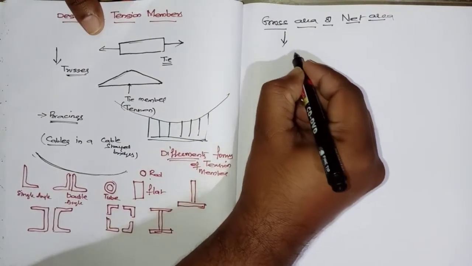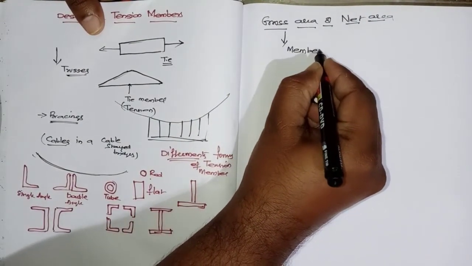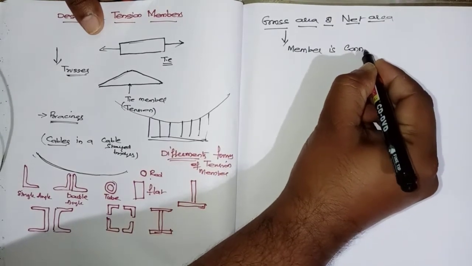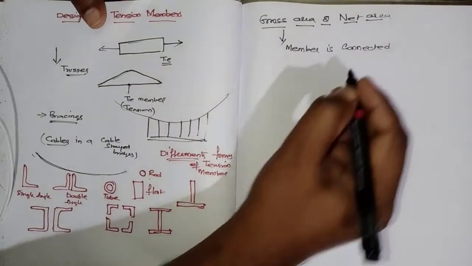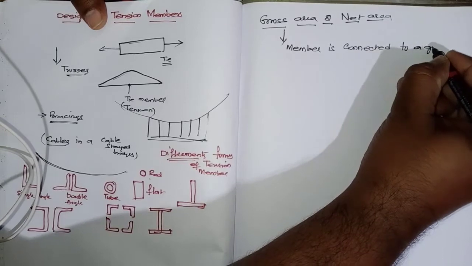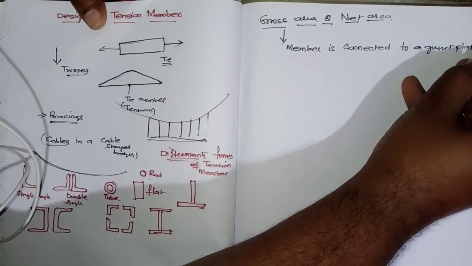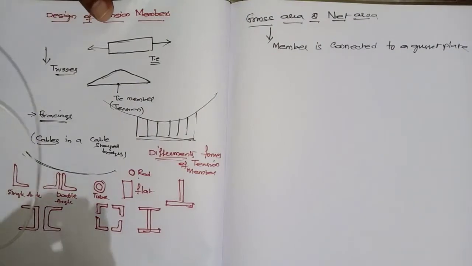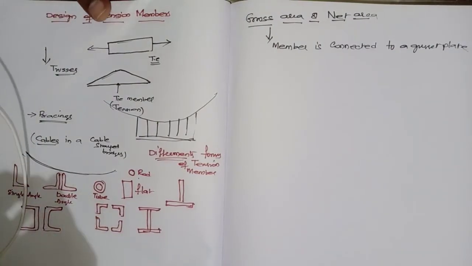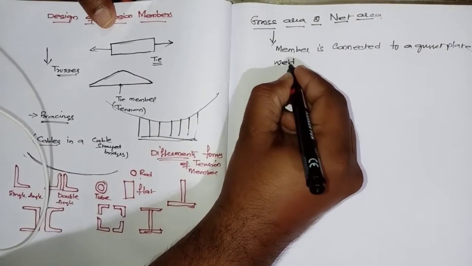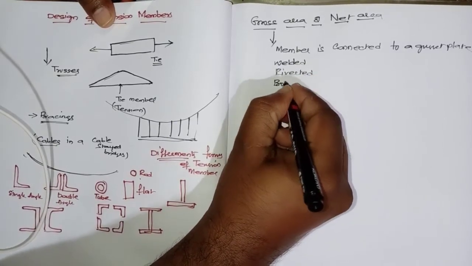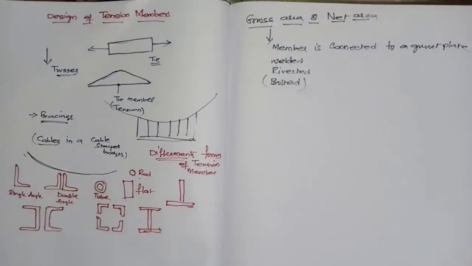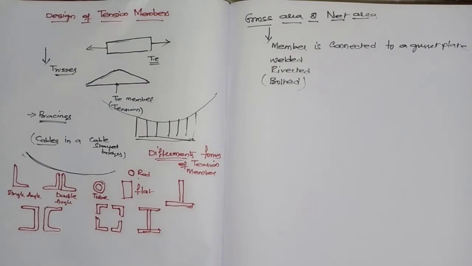The member is connected to a gusset plate, say, by connections. Welded is there, riveted is there, and next, bolted is there. These are the three different types of connections we have learnt in the earlier classes.